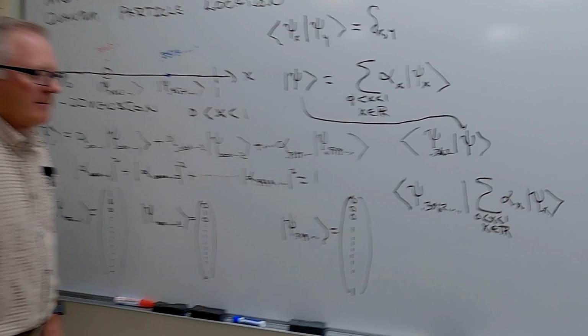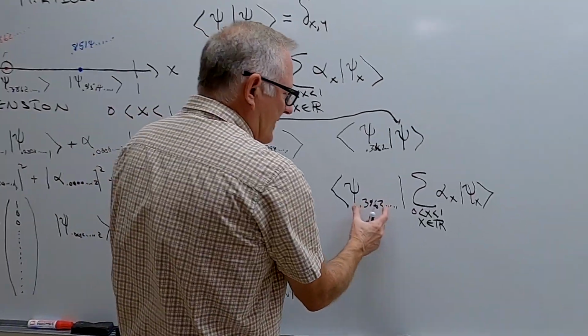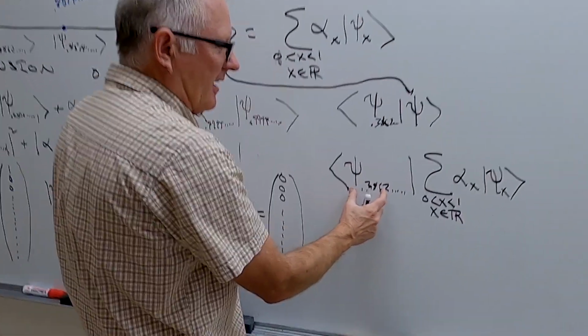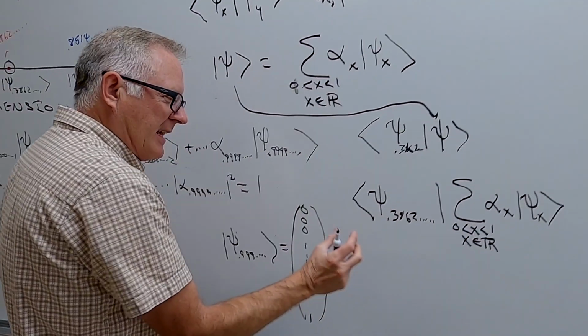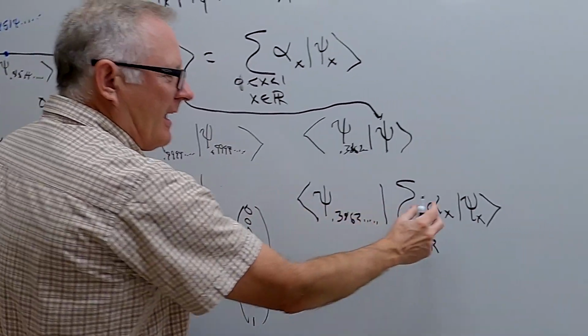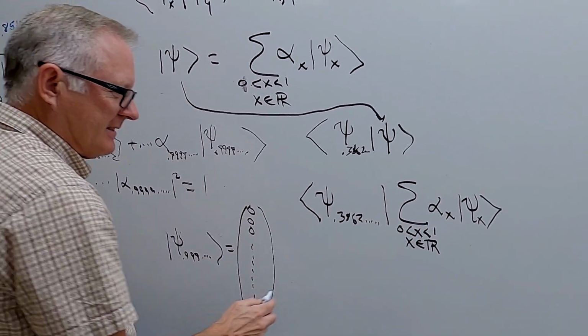Okay, well, I can pull out the sum. This one isn't changing. This is a constant. So I'm going to pull this out in front and even pull my alpha sub x's out.